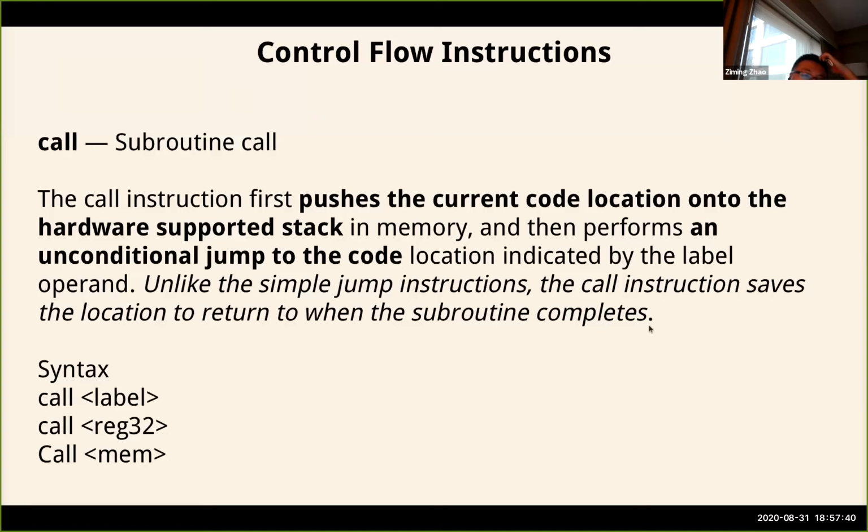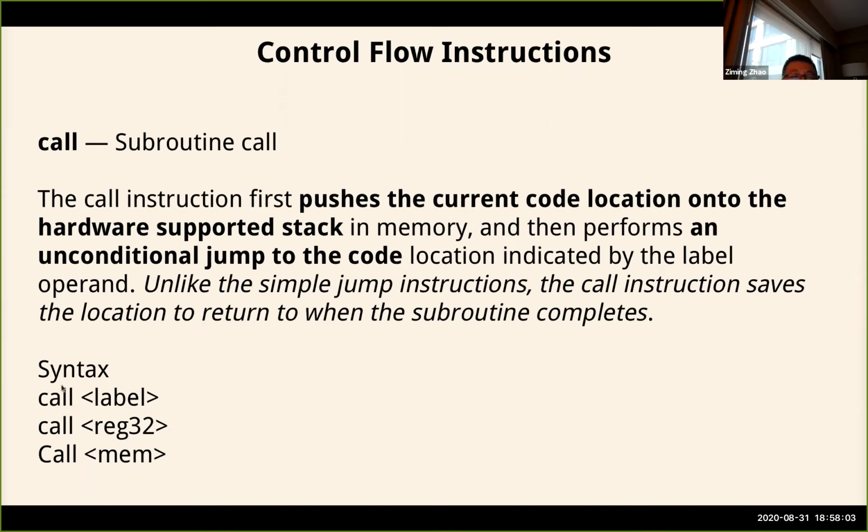For call, you can call a label, you can call a register, or you can call a memory location. When you call a label, that label is eventually compiled into something fixed. But if you call a register, the register value can be changed at runtime, so it's not really fixed.